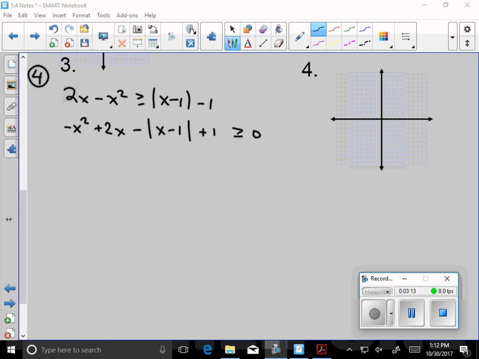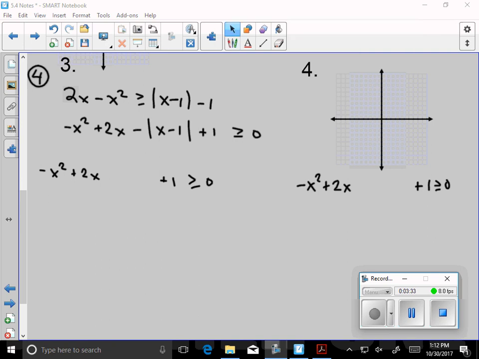Now I'm going to duplicate this, but what am I going to do with that absolute value? One's negative, one's positive. So let's go, one's negative.